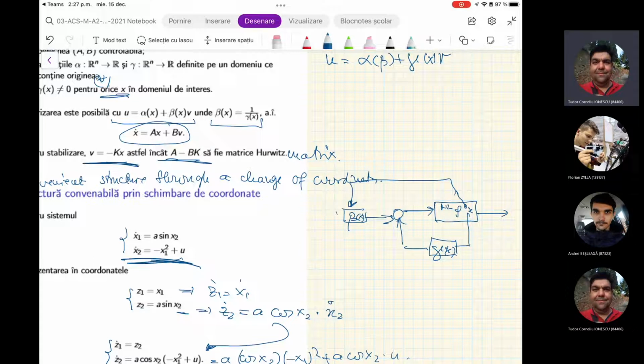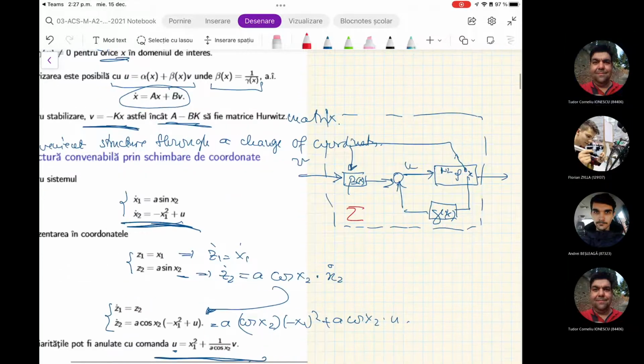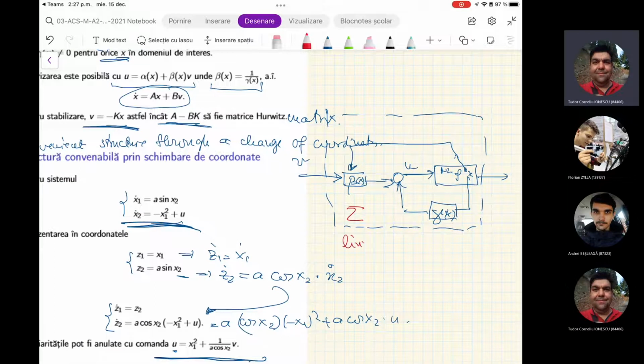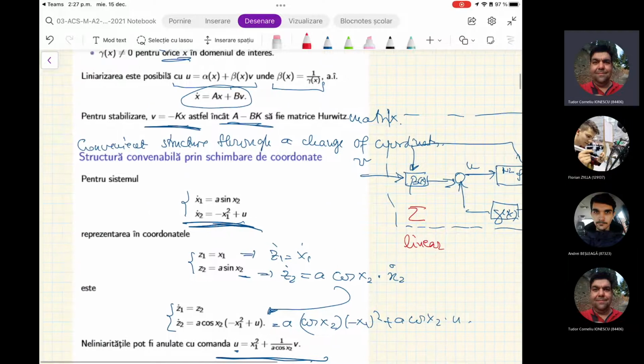Here is another input V, and this is U. The idea is that you would like this whole new system, let's call it sigma, to be linear. That's the idea of feedback linearization. So you would like to use feedback to cancel, in some sense, the nonlinearities.